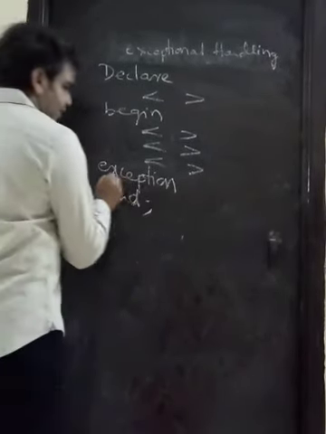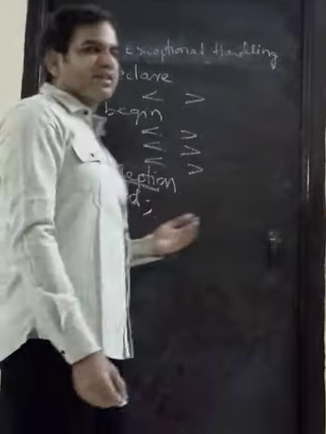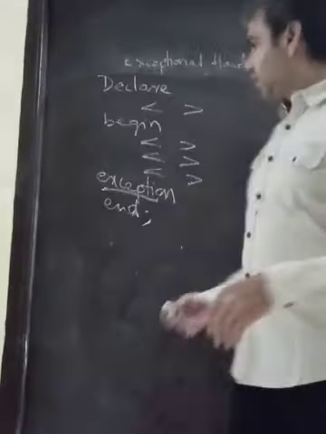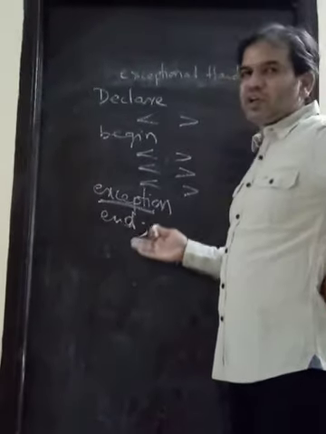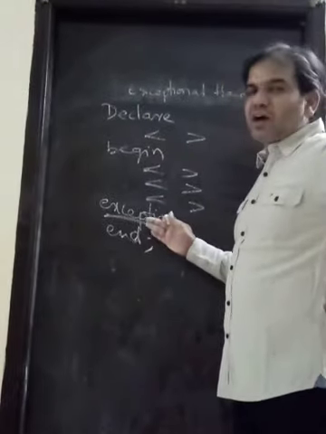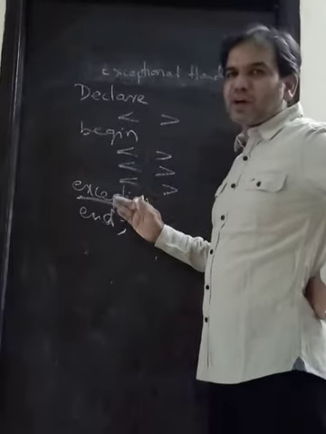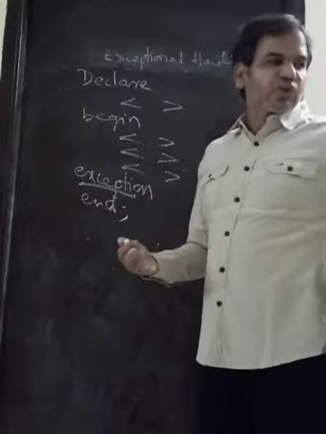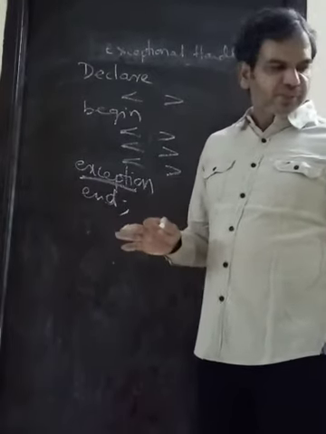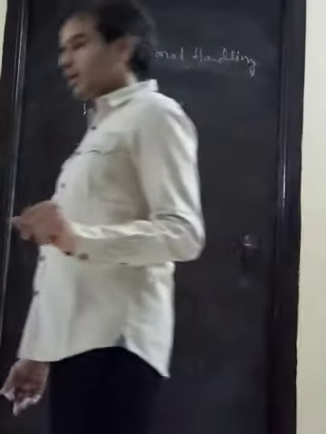So this is the exception. After displaying the result, we are specifying the exception. Here in exception, we can specify either user defined or predefined according to our wish. And exception handling in PLSQL is not compulsory. It is optional. If you want, you can specify it. If you don't want, there is no need. Okay? So that is exception handling.